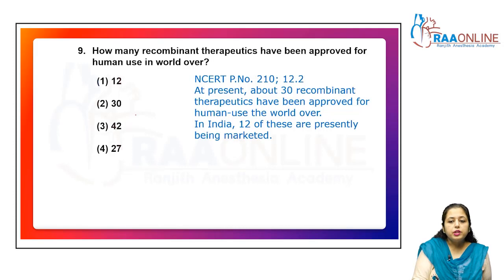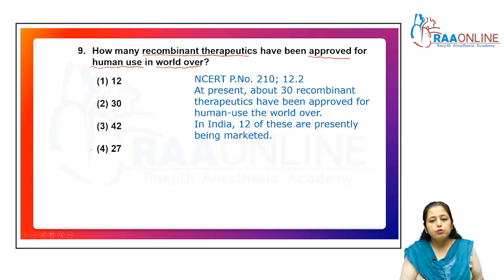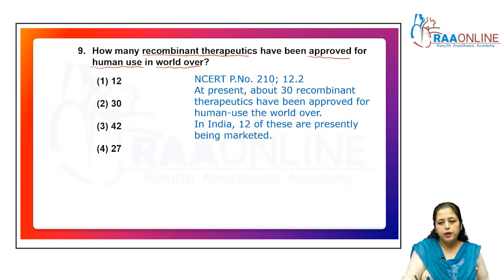How many recombinant therapeutics have been approved for human use the world over? This is the exact line of NCERT also, on NCERT page number 210, heading 12.2.